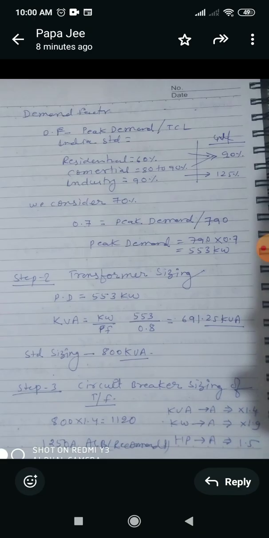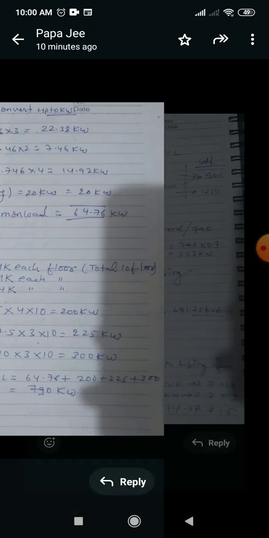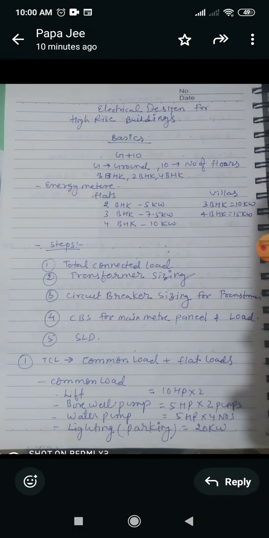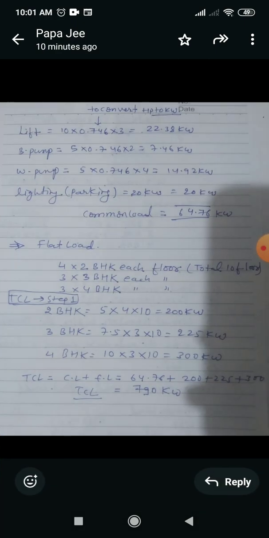So these are the things required while selecting a transformer. Once again I am reminding you, the first thing you have to calculate is the common loads: how many lifts, borewell pumps, water pumps, lighting and parking are there. Then you need to calculate each flats load, and then combine all the common load and flats load.